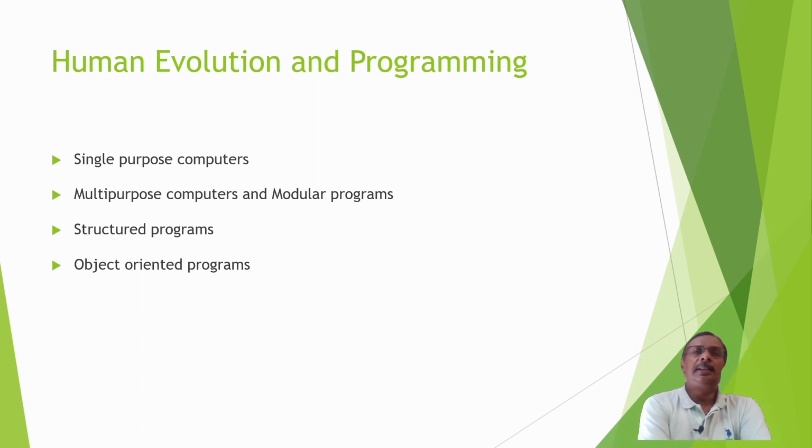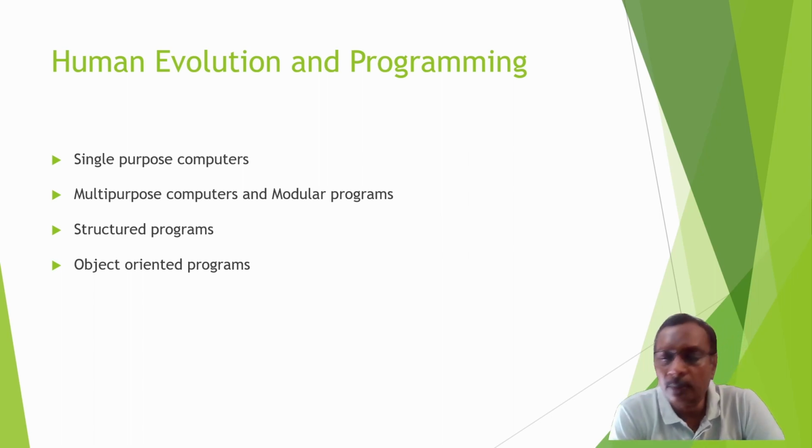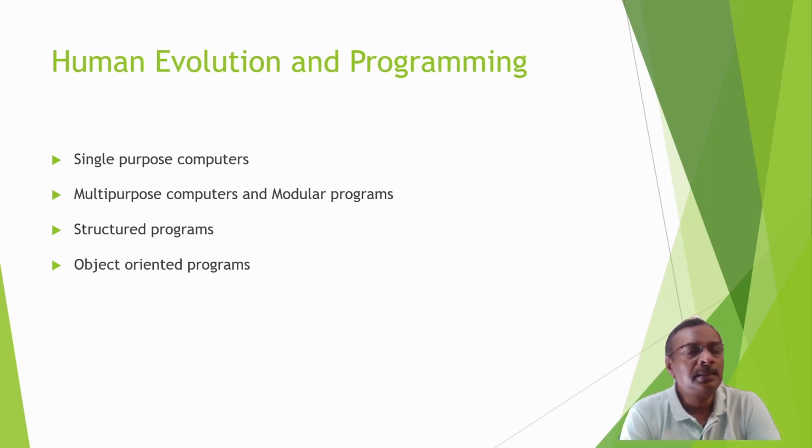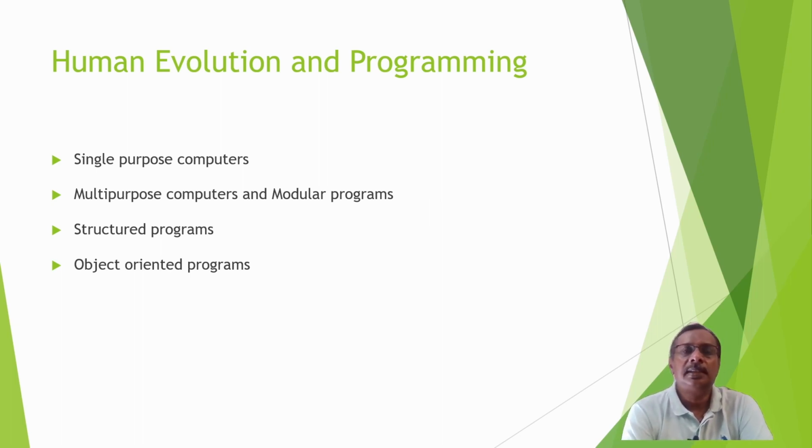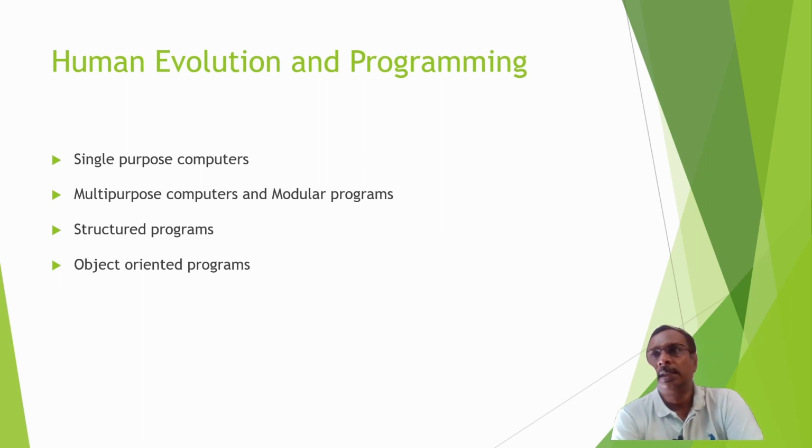And then came the multi-purpose computers and modular programs. So what is multi-purpose computers? What they did is, there was a guy named von Neumann. He defined an architecture called von Neumann architecture, where he advised to keep the memory out of the computer so that the memory can be accessed by external devices outside of the chip, microcomputer, the CPU, right?